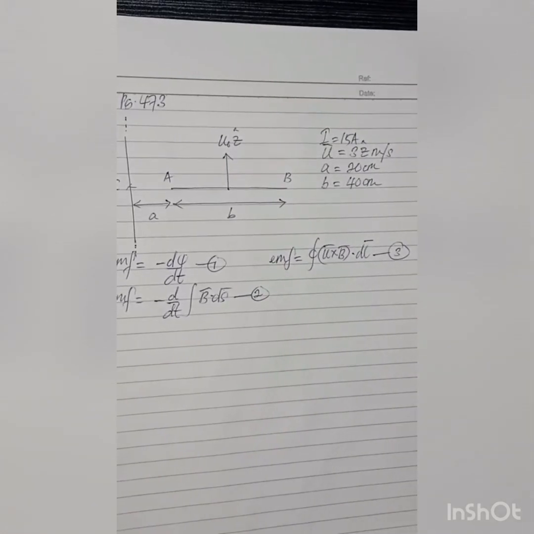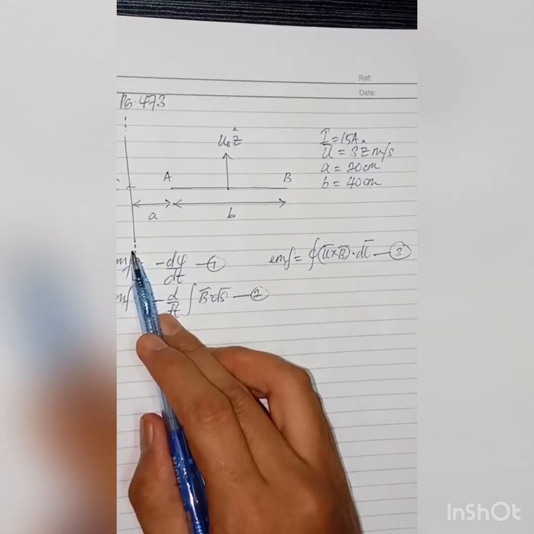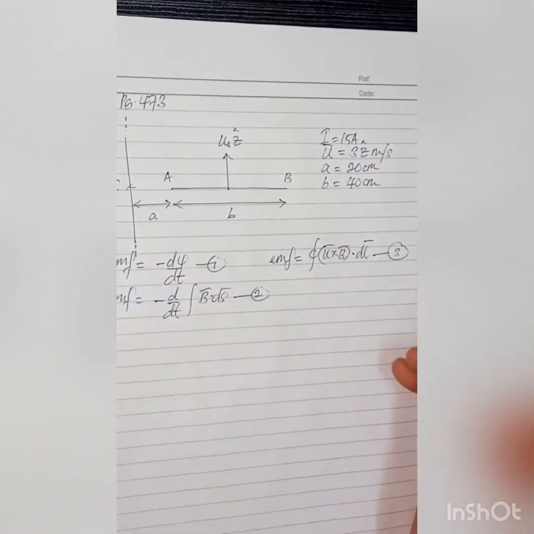Since we are dealing with a very long straight wire here, we can simply use the general equations of the H field due to a very long wire.